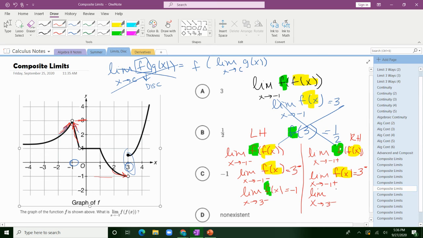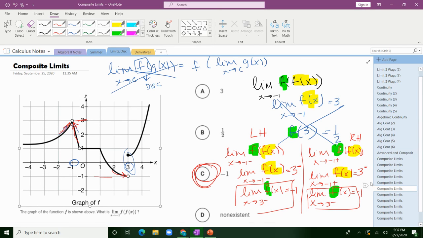This is still going to be 3 from the left of my outside function, f of x. I already did that. I got -1. So sometimes when you do this, they will end up being the same thing in the end. So your overall limit is -1 because the left and the right-hand limits were the same. So you can see that the rule definitely didn't work. We didn't get 1/2, or does not exist.